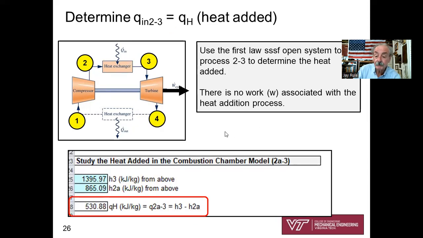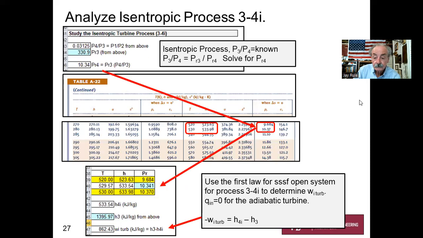Okay, so we're going to do the numbers. We're going to apply the first law for the heat addition process. QH minus W, that's 0, equals H3 minus H2A. And so QH is 530.88 kilojoules per kilogram. Now we're going to move to the isentropic turbine.